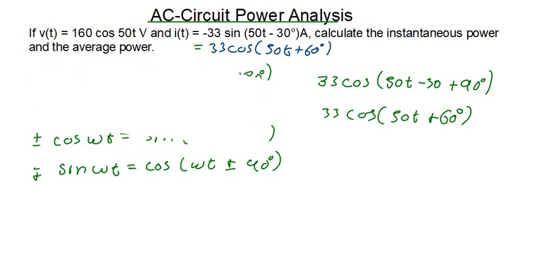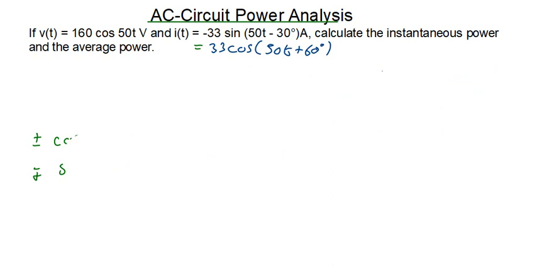So it's very important that we really keep in mind how to transform these. They really come in handy when you're doing a lot of such questions. So now let's try to come up with the instantaneous power as well as the average power.